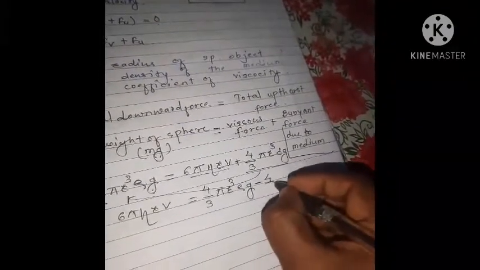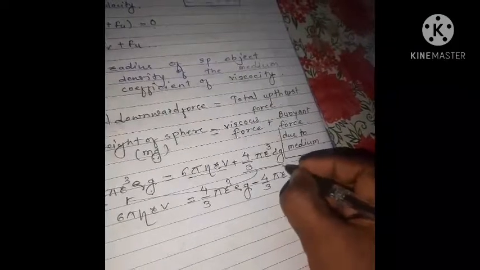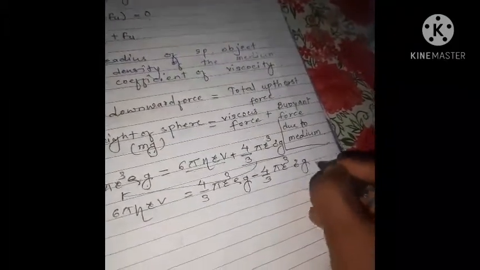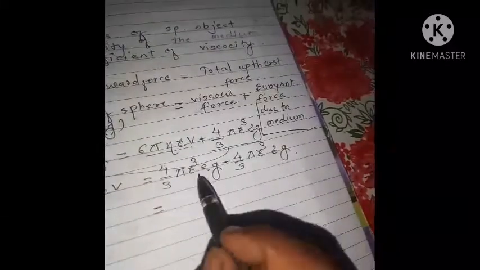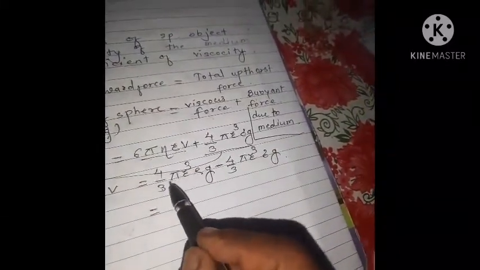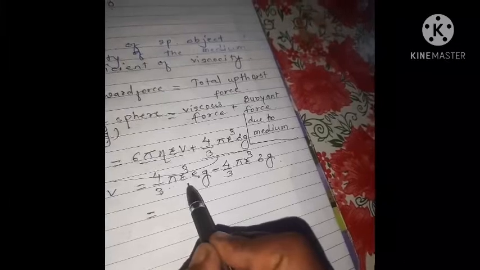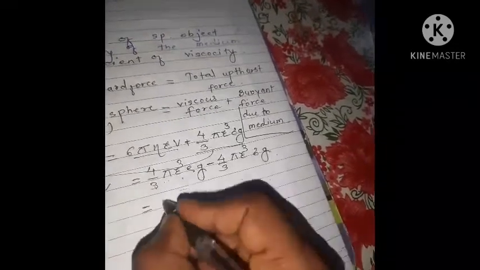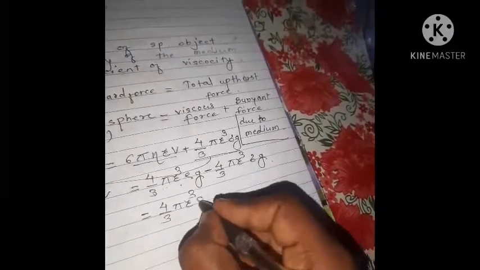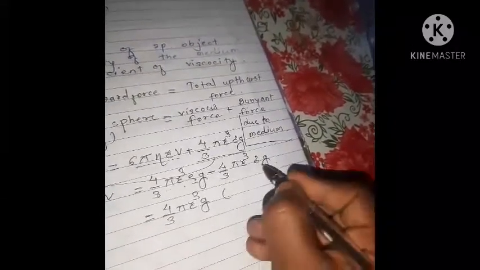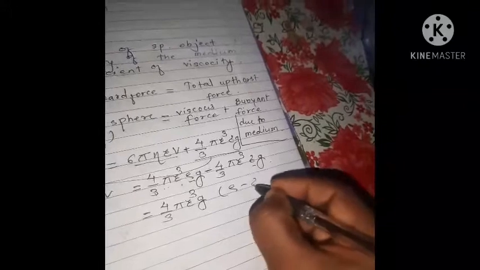Therefore, minus 4 by 3 pi r cube sigma into g. Now, taking 4 by 3 pi r cube and g common, inside the bracket rho minus sigma.